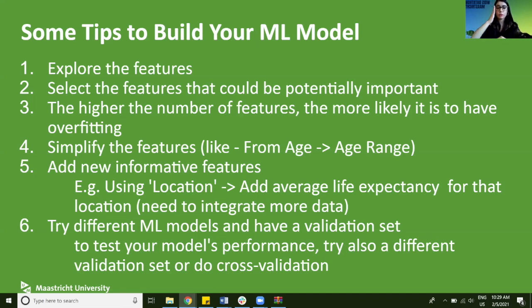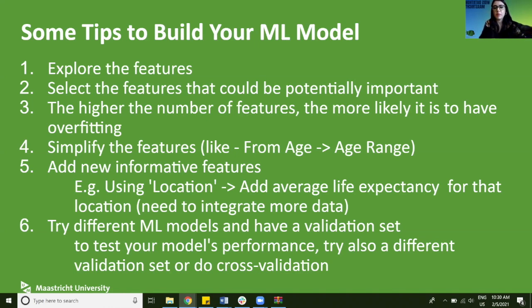You could also try to simplify the features, such as instead of using the full age numbers, you could have maybe an age range, and you could play around to see how big or small this range could be. You could also add new informative features, such as using the location column, for example, and add this to the average life expectancy and create new information.